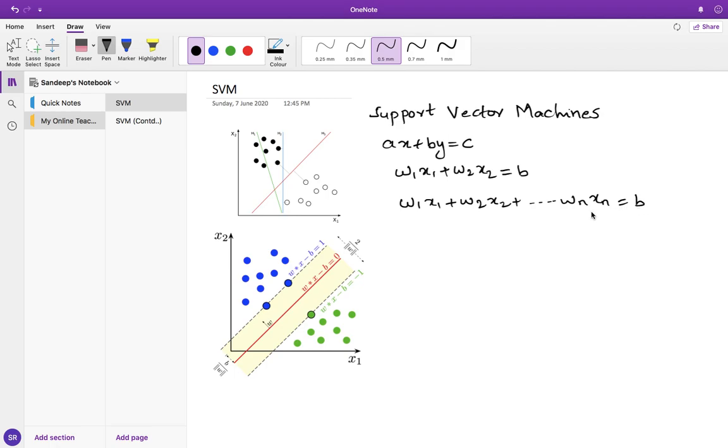This would be the equation of a hyperplane in n dimensions, and n can be of any value. Our goal is to find the coefficients, the weights w1, w2, up to wn, and also b.